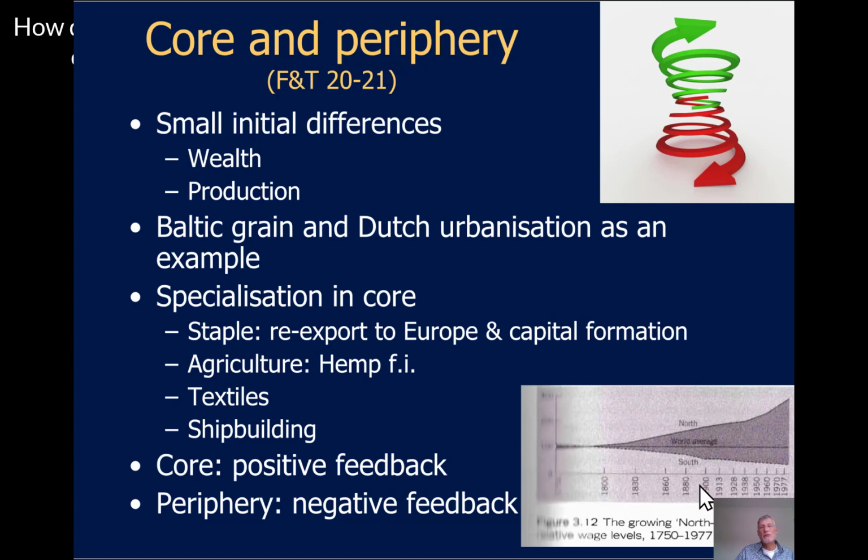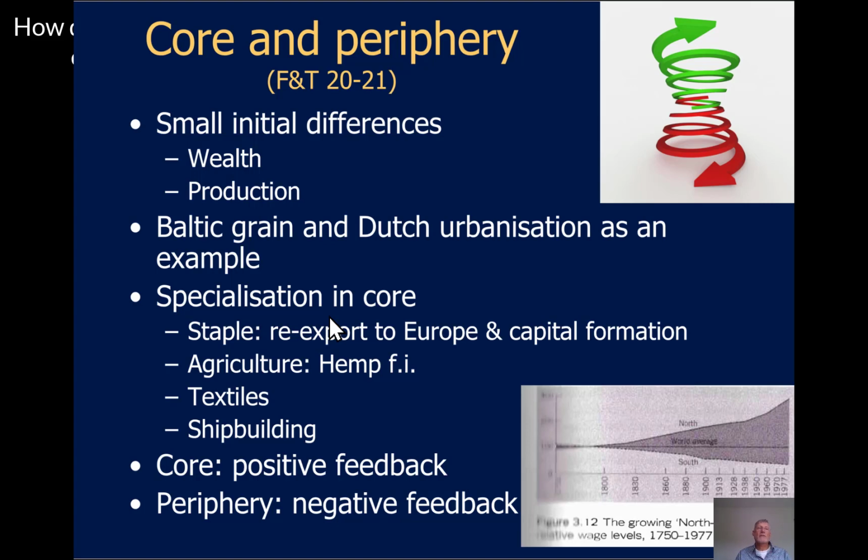Here you see the figure, which I took from Flint and Taylor, and it had to do with feedback mechanisms. It's about specialization. The Dutch, in the Netherlands, I'll keep to that example, were able to specialize.